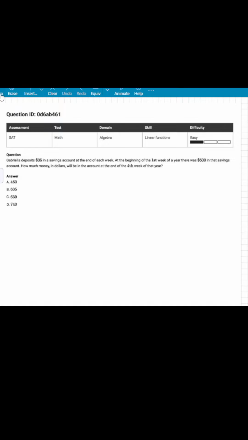So let us write that down. We have 600 initial balance, and then amount per week 35. Everything is in dollars, so that is the currency unit.